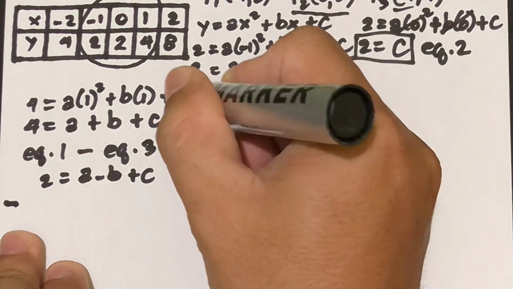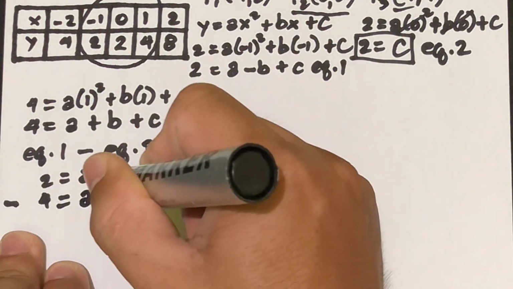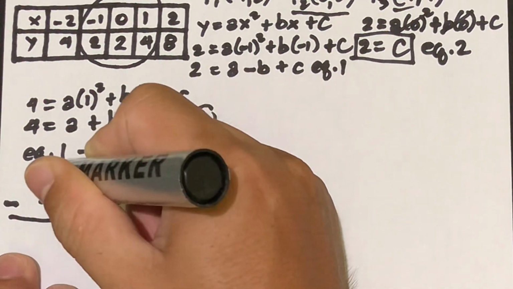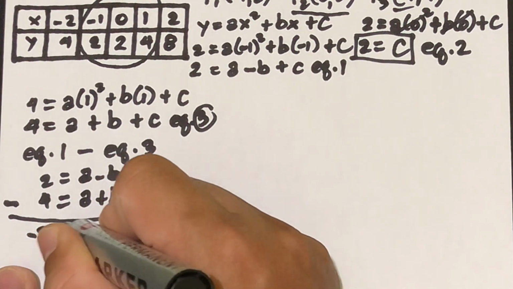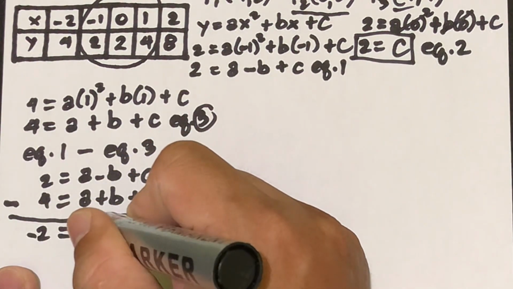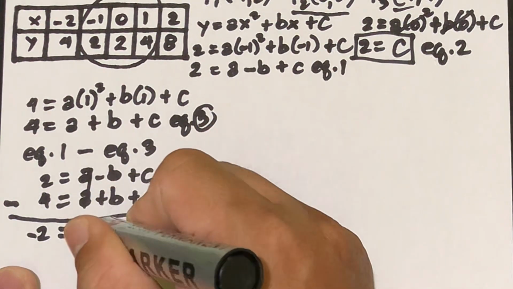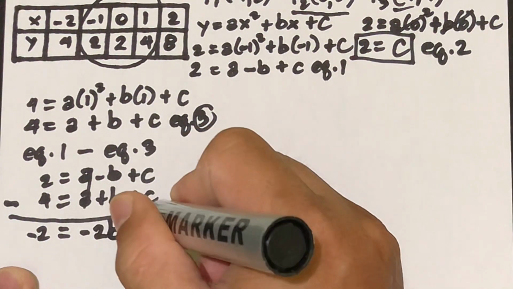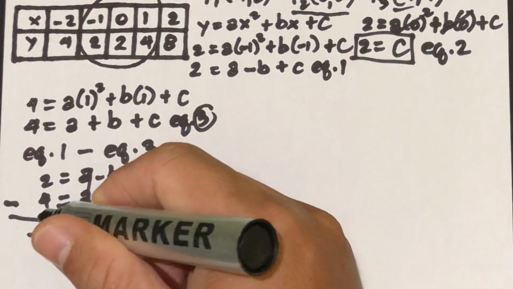Subtract equation 3, 4 equals a plus b plus c. So 2 minus 4 will be negative 2. a minus a is 0, cancel. Negative b minus positive b is negative 2b. Then c minus c is 0, cancel. So we're left with negative 2b equals negative 2.